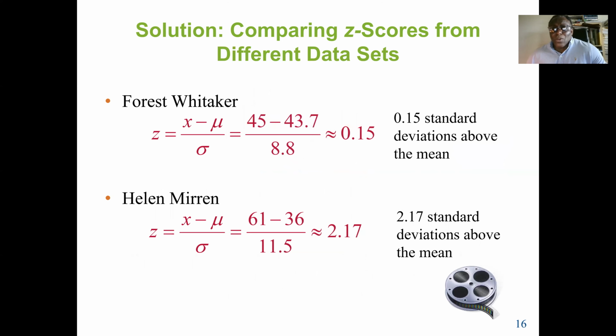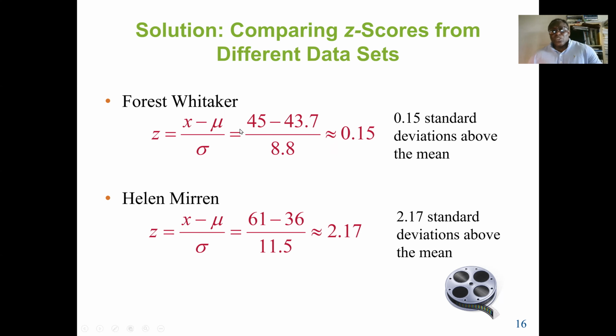So again, the z-score for Helen Mirren is 2.17, which means she is older than the average age of all the actresses.